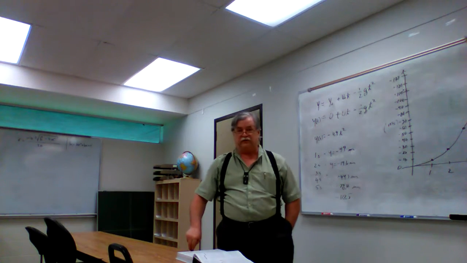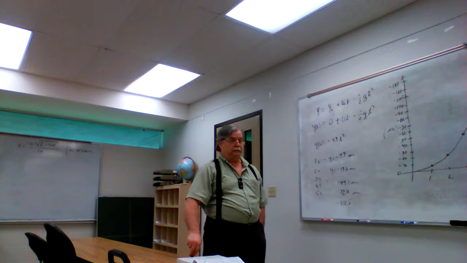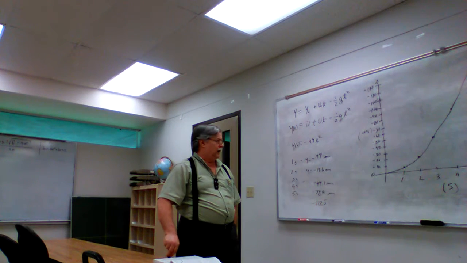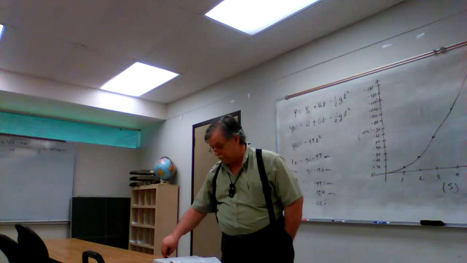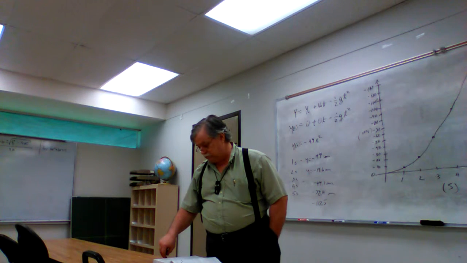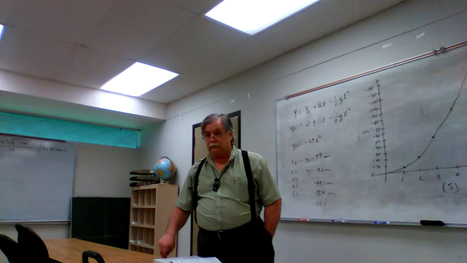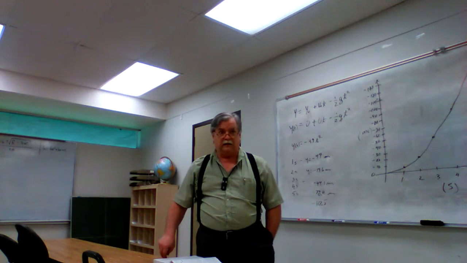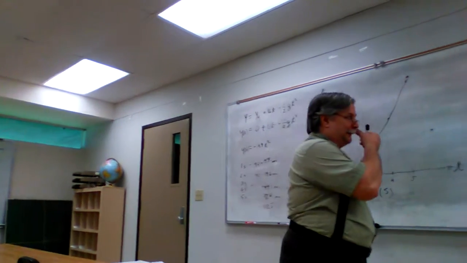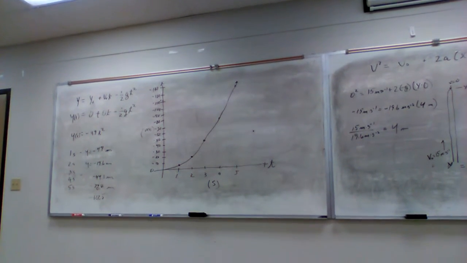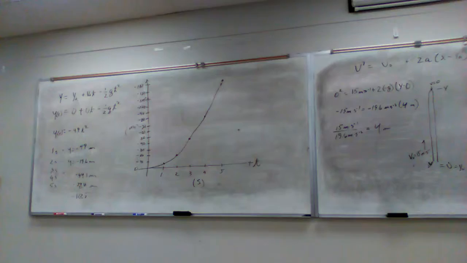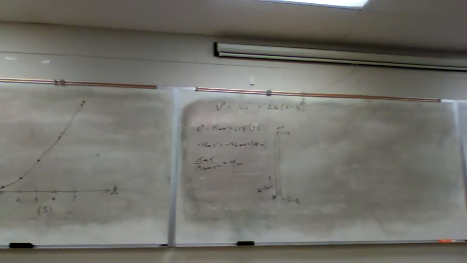Now that's its position as a function of time. How would we find its velocity as a function of time? Its speed. I think the first one would be the simplest, right?